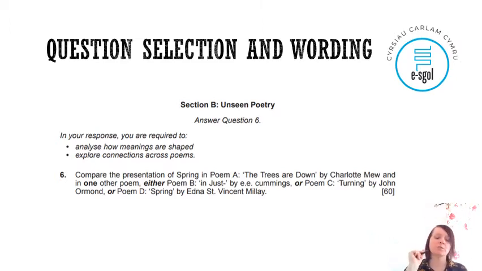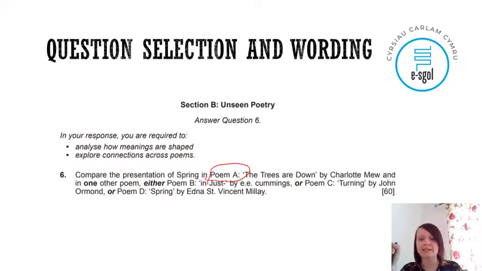This is where sometimes candidates go wrong. You must use and look at poem A. Poem A is like the core text, the one that must be used, and then you choose either B, C, or D. But A is a must. A is not optional for you. It's integral that you use A.